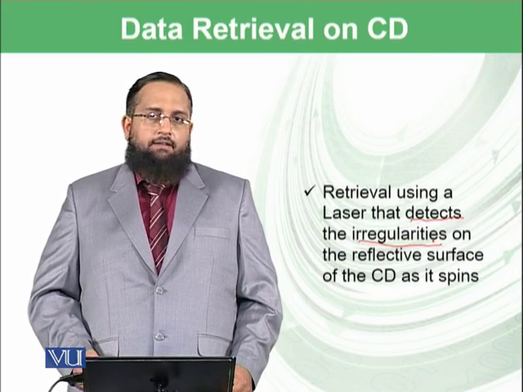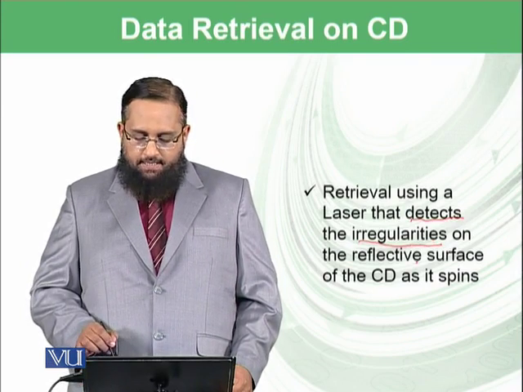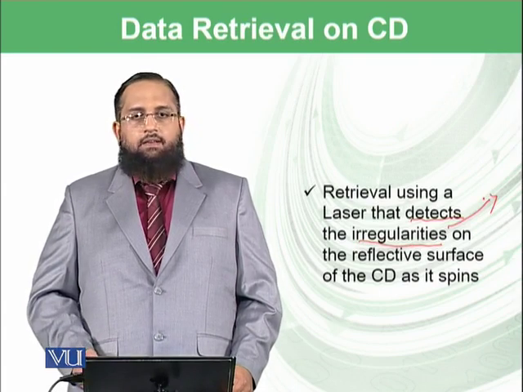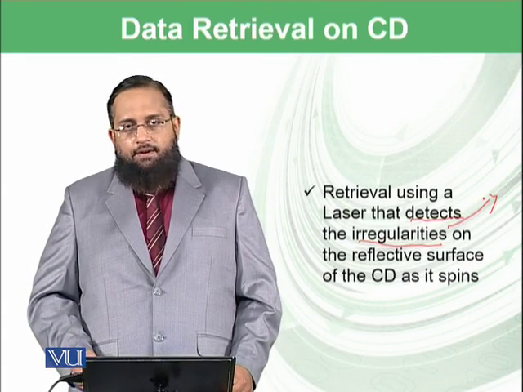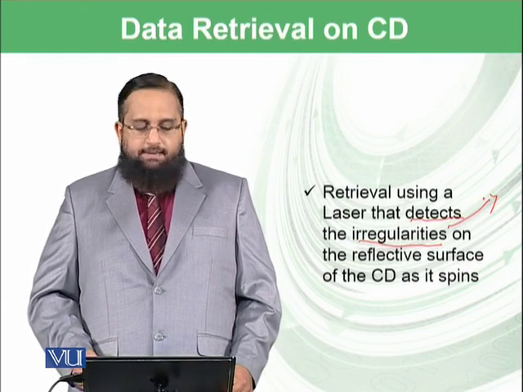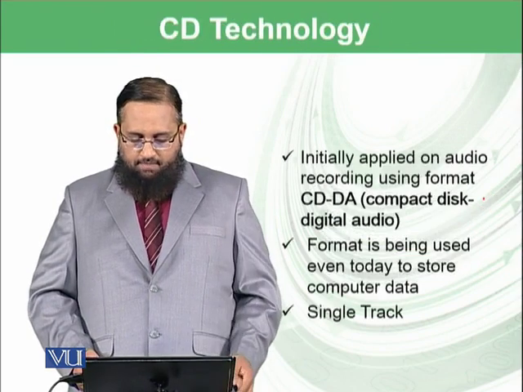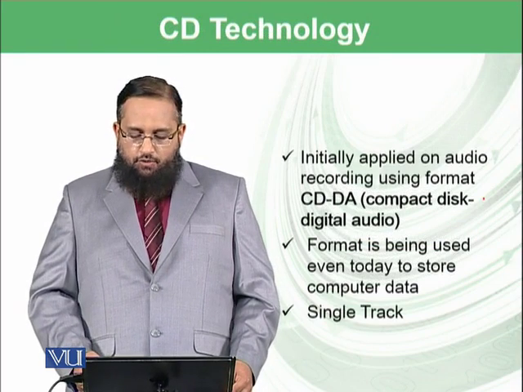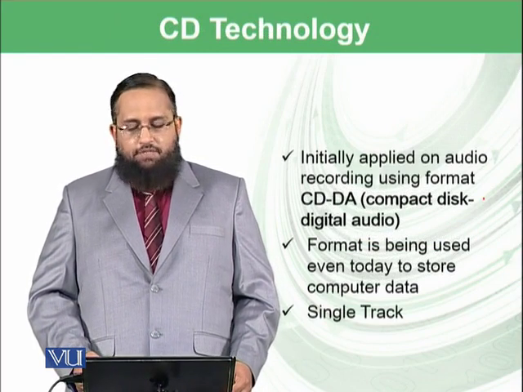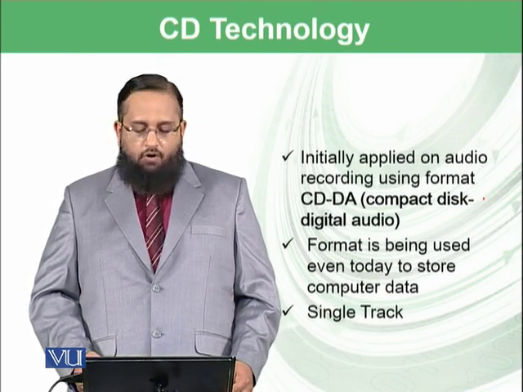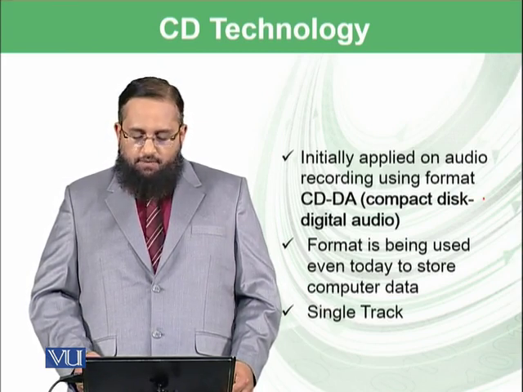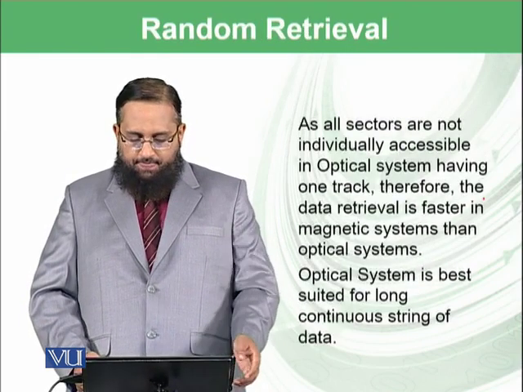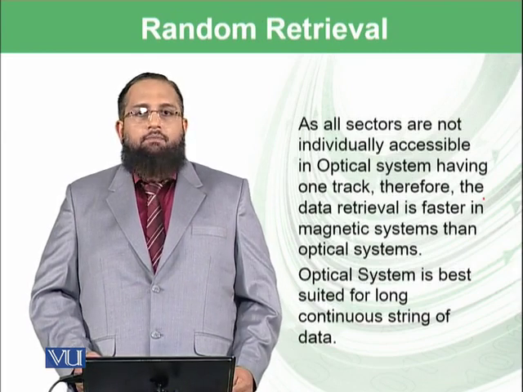We created a reflective surface with variations in it to store data, and the laser detects those irregularities to understand where the data is. Initially this technology was applied to audio recording using the format CDDA, which is called compact disc digital audio. The format is used even today to store data on CDs. It has a single track, and there is no random retrieval.